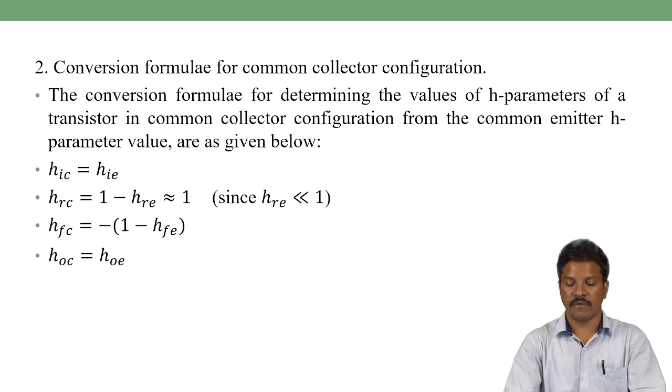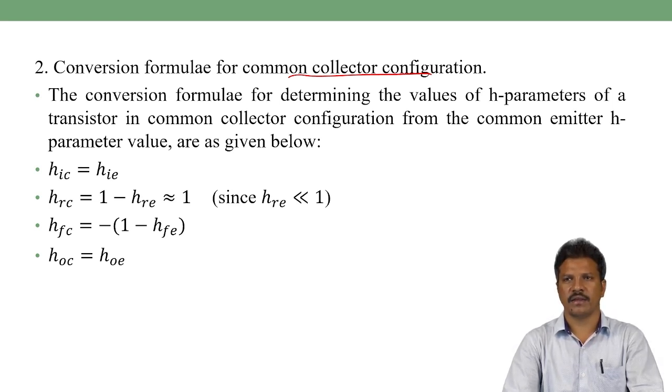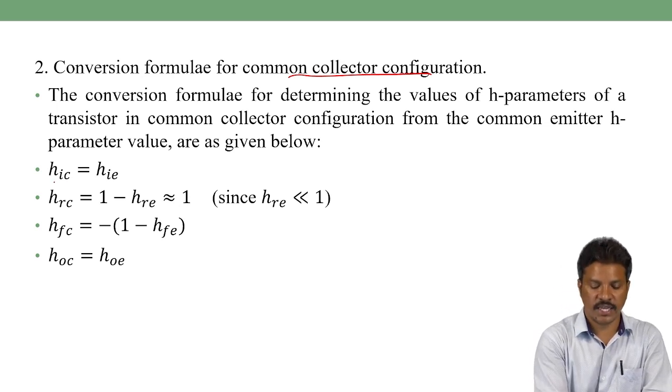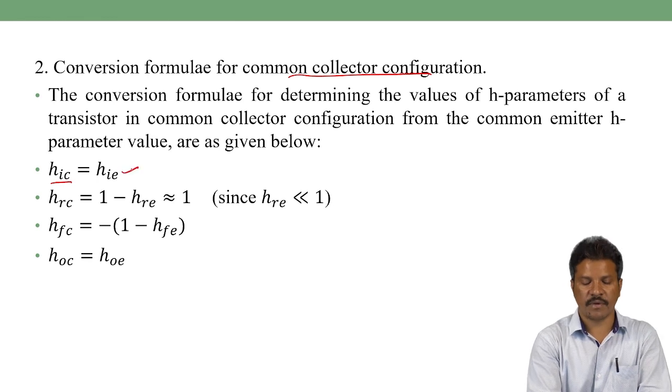Then the conversion formula for common collector configuration. The conversion formula for determining the H parameter values in common collector from common emitter H parameter values. So HIC, what is HIC? We can calculate from common emitter.